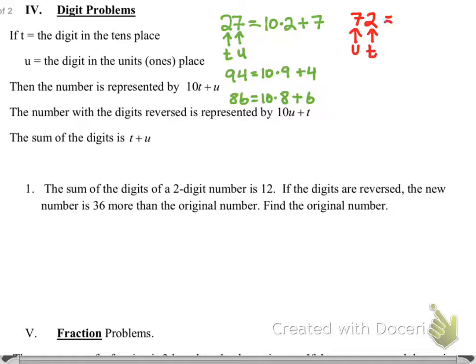So when I reverse this number, it is now 10 times 7 to get the 70, plus the 2. So what I've ultimately done is 10 times u plus t, if I call this the original number. That's how I get this statement right here, 10u plus t, okay?